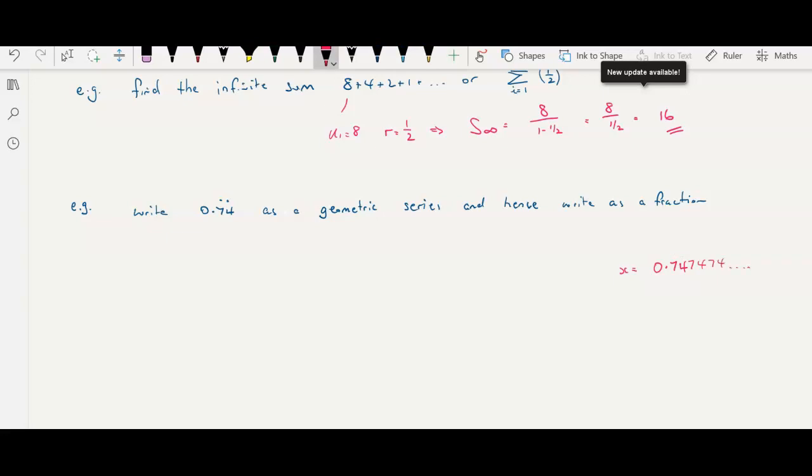Because it repeats every 2 decimal places, we wanted to move the decimal place 2 along to the right so that we could pick up the same pattern to the right of the decimal point.